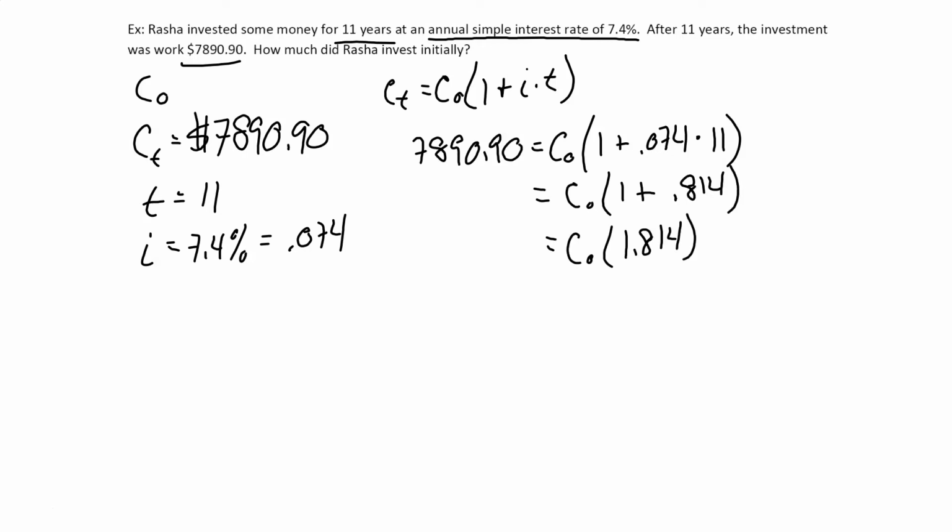Now, to get the C0 alone, we're going to divide both sides by the 1.814. So we've got 7890.90 divided by 1.814 is going to be equal to C0. And when we work out the math, C0 is equal to 4,350.